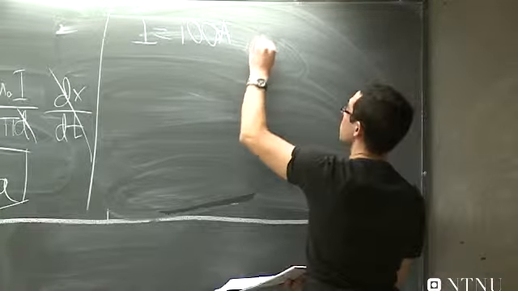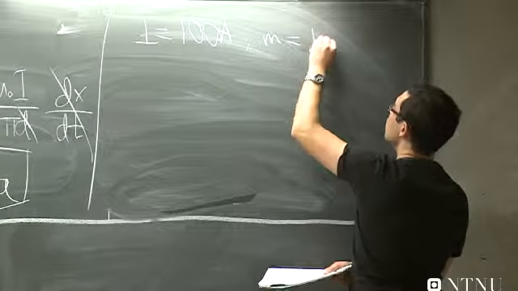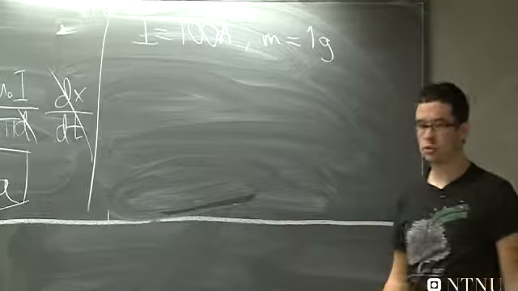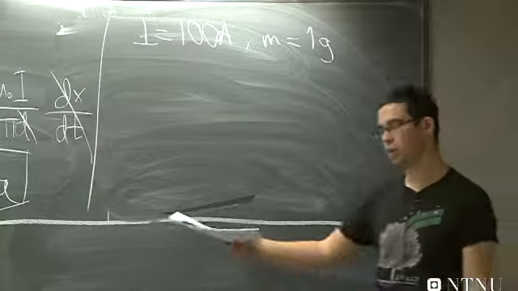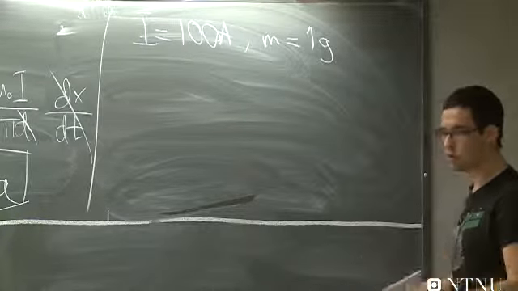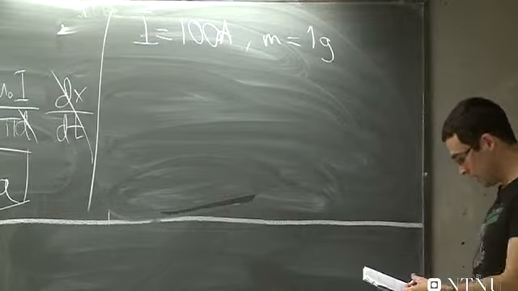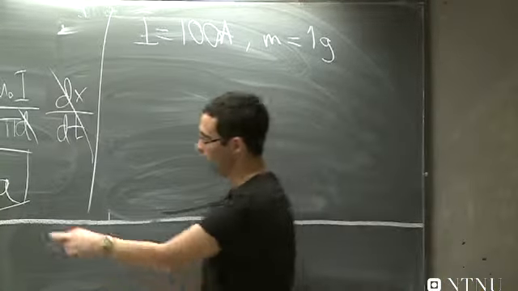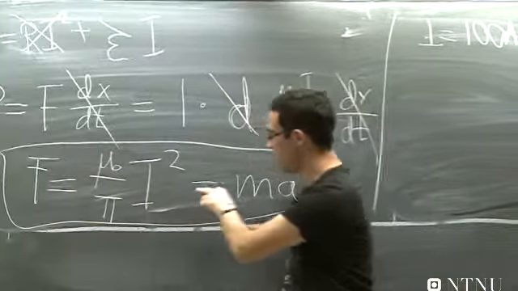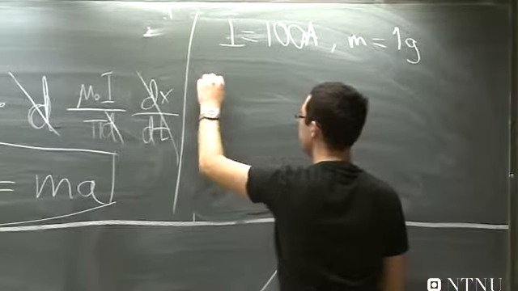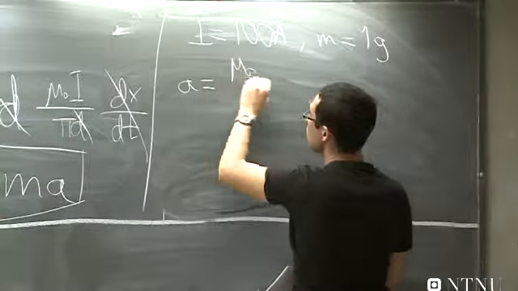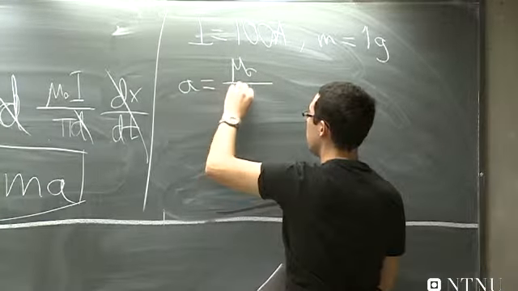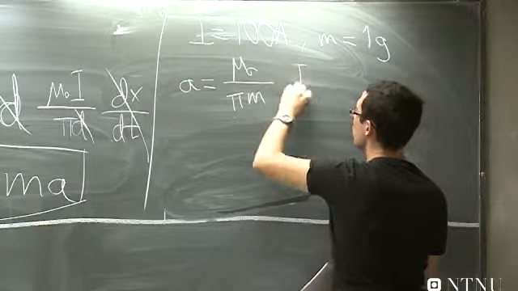And let's say a mass of 1 gram. That's sort of macroscopic. It could be 10 grams, and then, of course, the acceleration will be 1/10. So we'll get some idea of what's going on here. Now, if I set a equal to the force divided by the mass, I get the following: mu naught over pi m, times I squared.